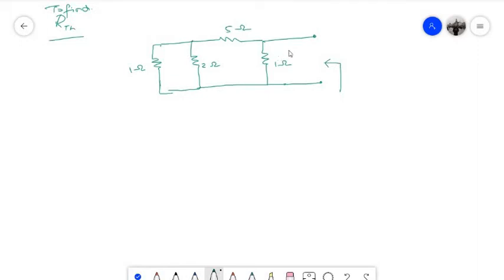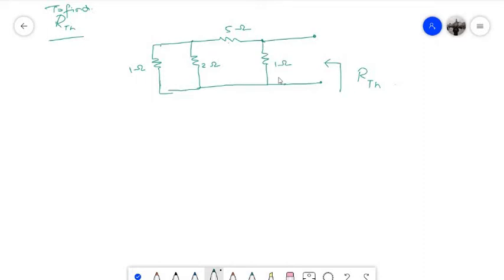Now listen carefully. I am finding the resistance between these two terminals ultimately. Now you must be very careful. This 5 ohm and 1 ohm are no longer in series. In the previous case it was different because I had open circuited this and I was trying to measure the open circuit voltage.